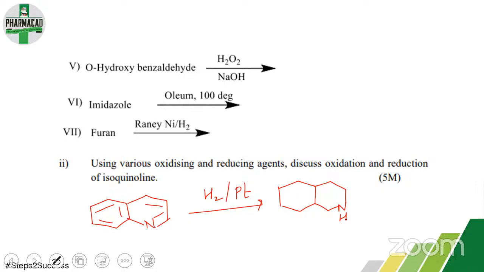But when we are using diethyl aluminium hydride, that is C2H5 twice with aluminium hydride, there will be reduction only on first and second position. Remember this thing. The remaining positions will remain unsaturated. So we will get 1,2 dihydroisoquinoline. Okay, so on the basis of reagent, our product will be different.